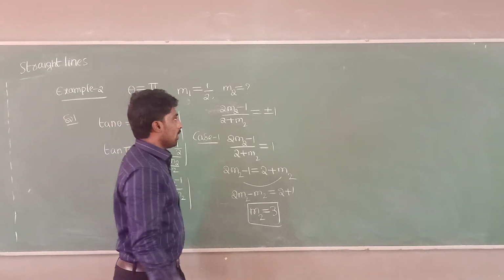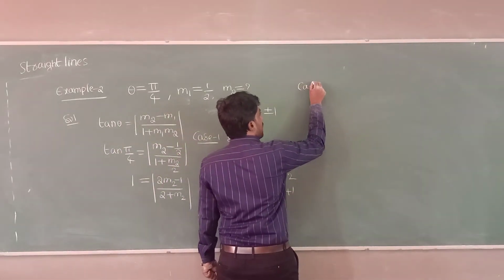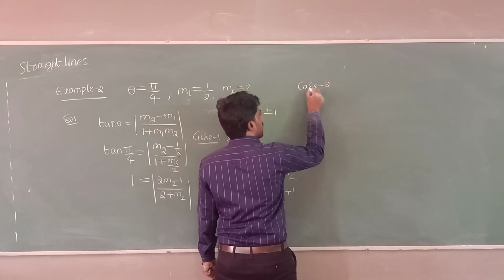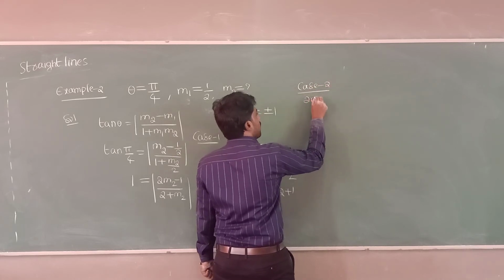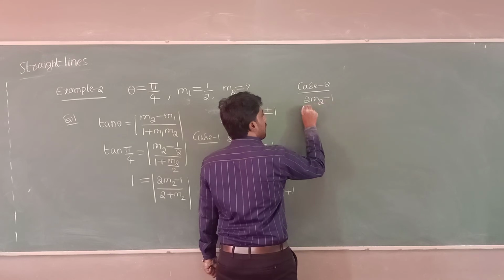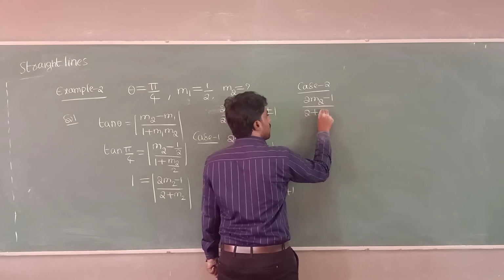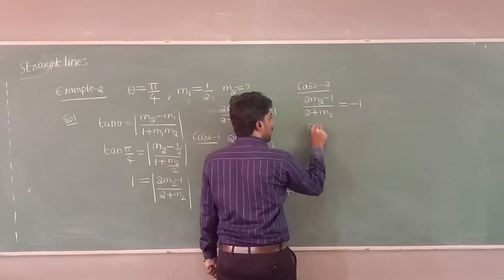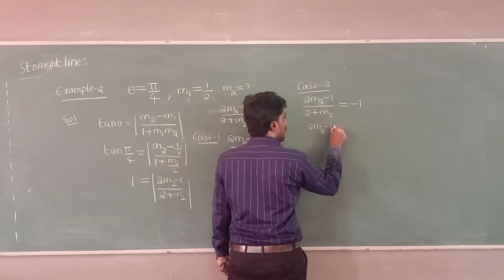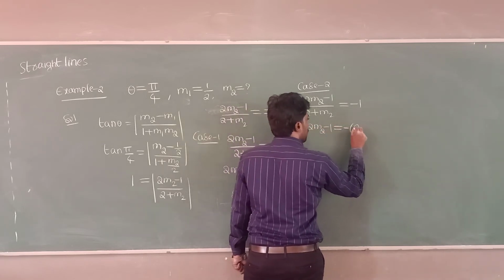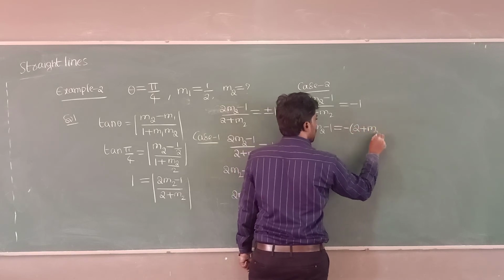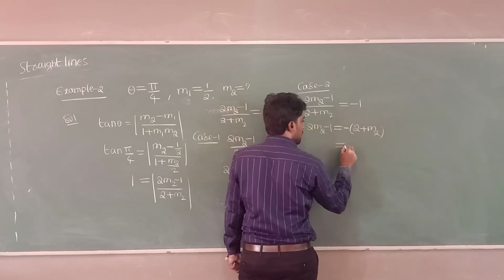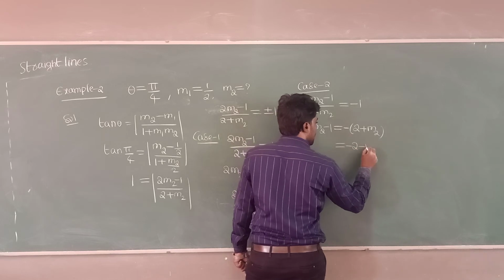So whenever the entire resultant equals plus 1, I am getting the slope of the second line as 3. In case you take minus 1: (2m2 minus 1) by (2 plus m2) equals minus 1. Cross multiplying, 2m2 minus 1 equals minus of (2 plus m2), which is minus 2 minus m2.